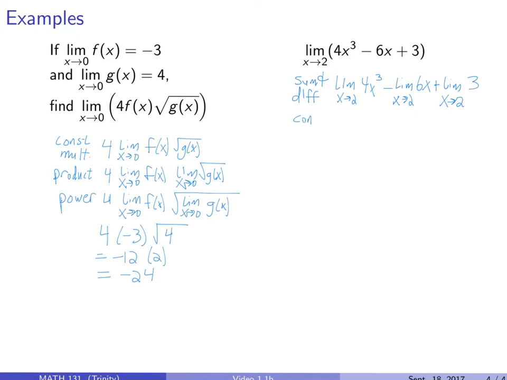Next, I can use the constant multiple rule to pull the constants outside of the limits. So we'll have 4 times the limit as x approaches 2 of x cubed minus 6 times the limit as x approaches 2 of x plus the limit as x approaches 2 of 3.